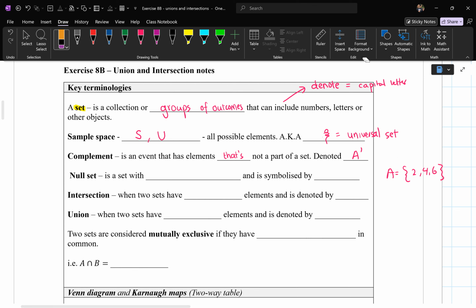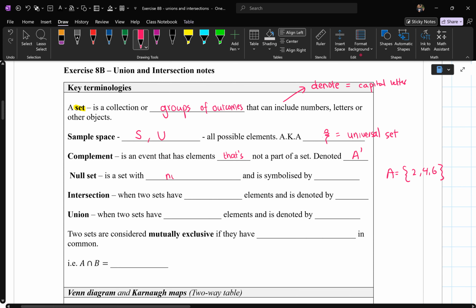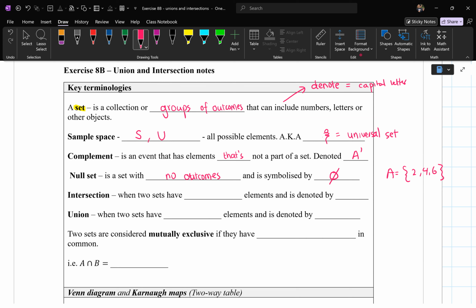A null set is a set with no outcomes or elements, and is symbolized by a 0 with a slash crossing through it. That's the symbol for a null set.